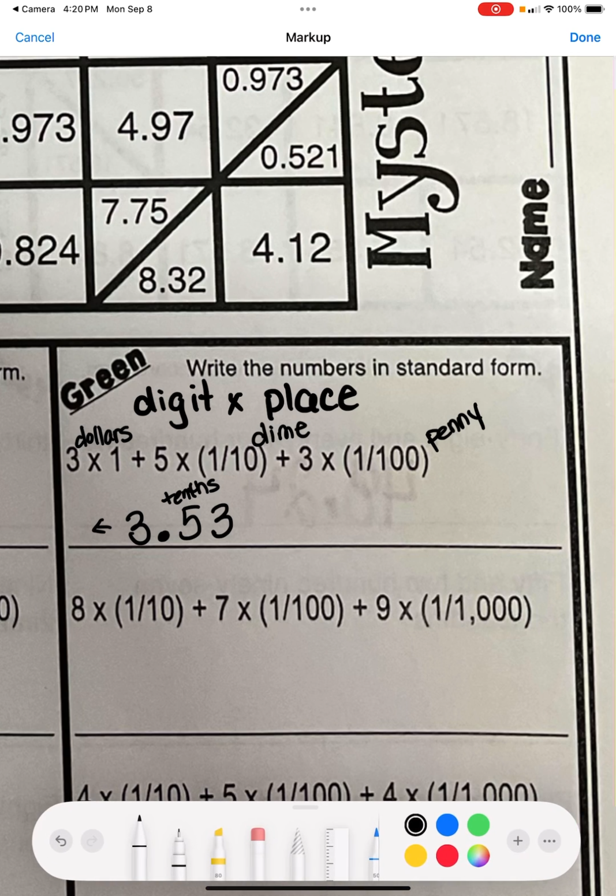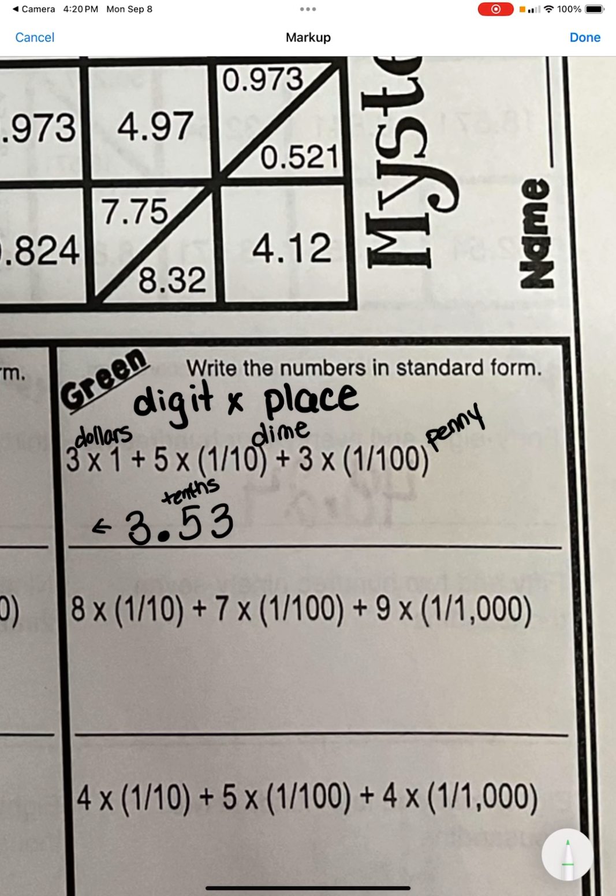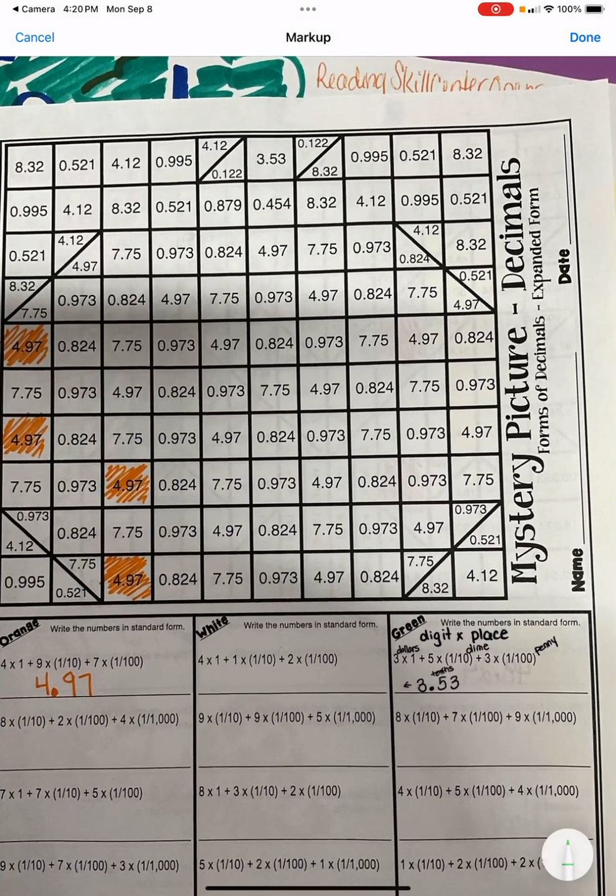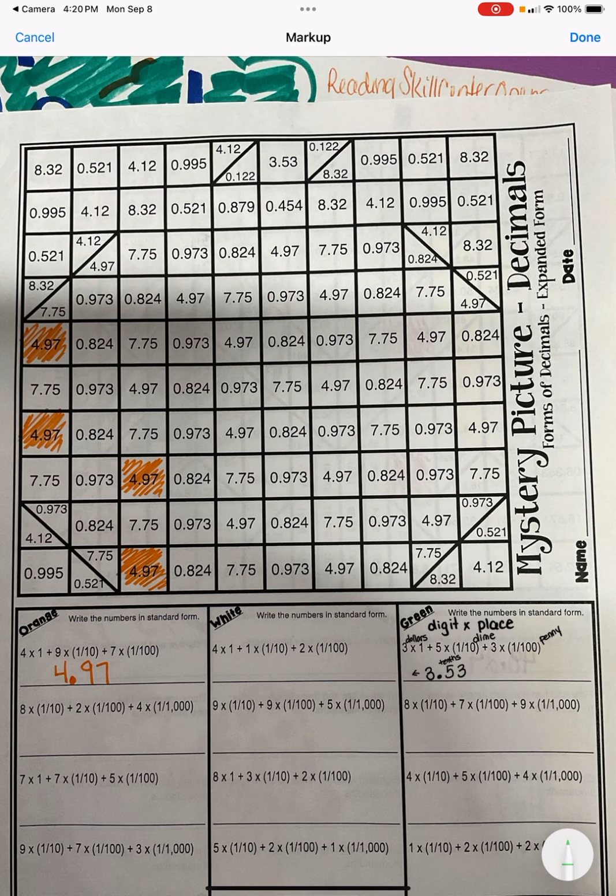So I'm going to change my color to green here. So the first number that's in the green place is 3 53/100. So now we're going to go to our picture, and any number that we see that is 3 53/100, we are going to color.